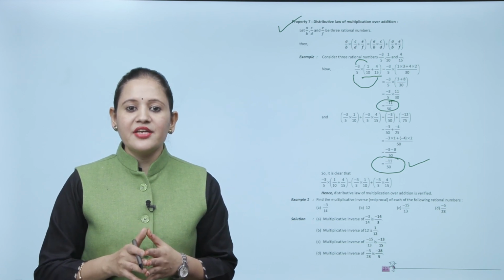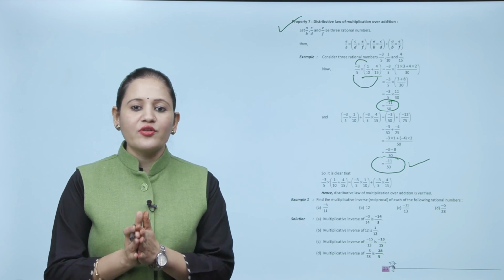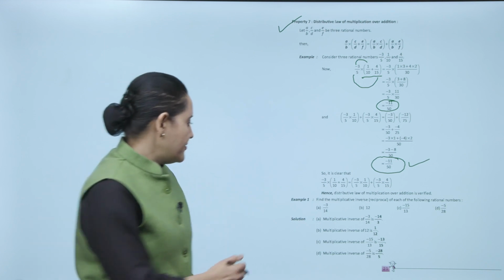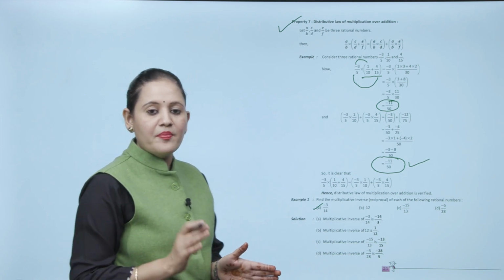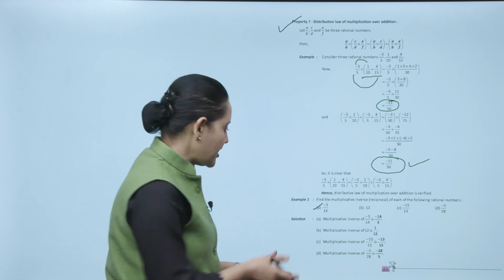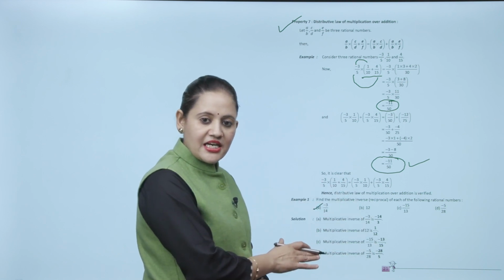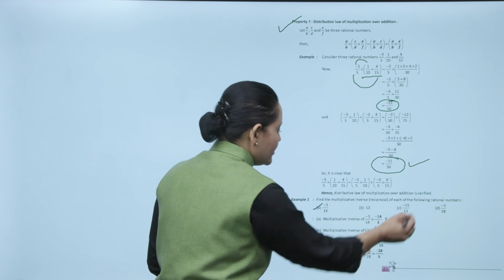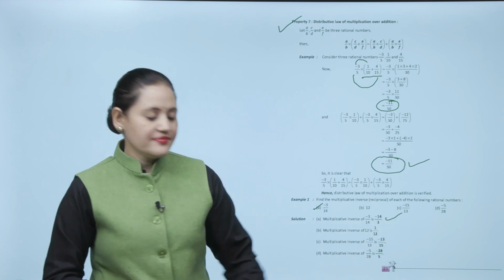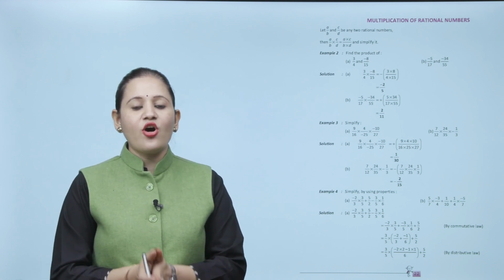Find the multiplicative inverse reciprocal of each of the following rational number. First is -3/14. So multiplicative inverse और reciprocal क्या हो जाएगा, denominator ऊपर चला जाएगा and numerator will come down. So -14/3. Clear? Next is multiplication of rational numbers.